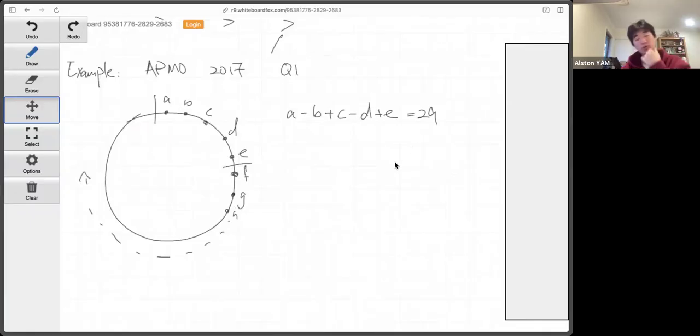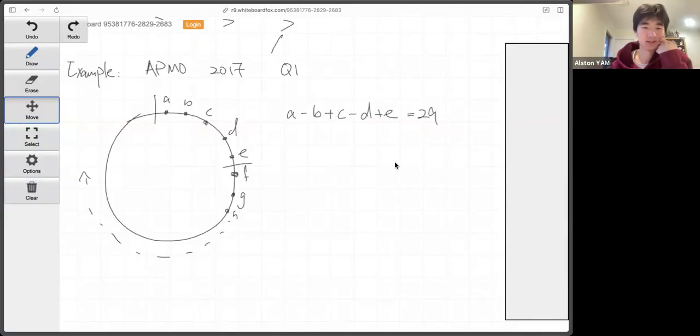All right, okay. So that's the problem. But my first thought was, wait, if it's asking me for all the possible arrangements of the numbers around the circle, then surely if there are like 100 different arrangements, they're not going to tell me to list all of them, right?